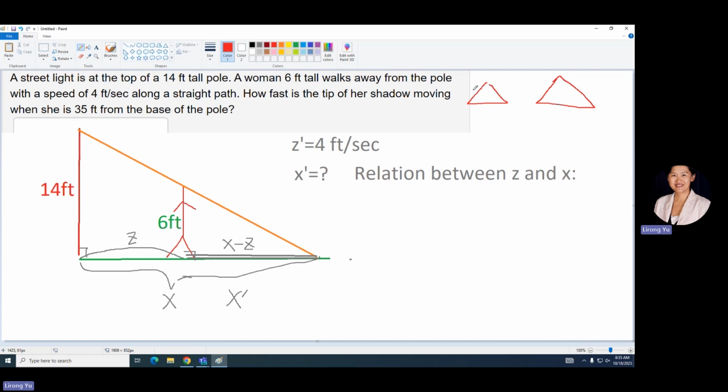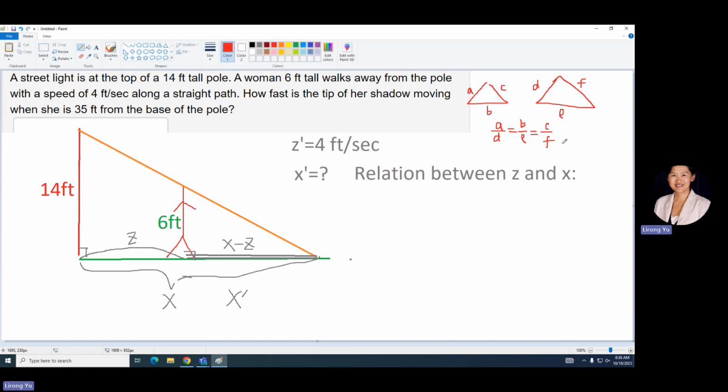Then let's call the small triangle sides a, b, c, and the bigger triangle sides, with uppercase letters, D, E, F. According to similar triangles, the ratio between a and D, their corresponding sides, and b and E, is equal to the ratio between c and F. So a to D equals b to E equals c to F. That is the similar triangle relation for each pair.